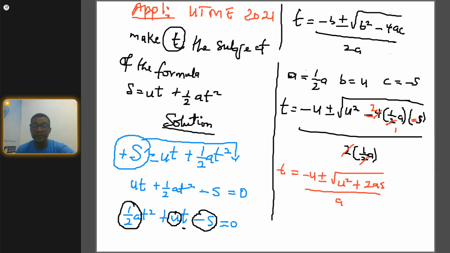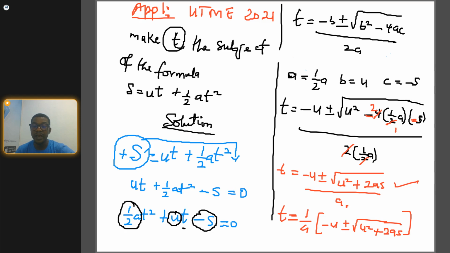The final answer is t equals minus u plus or minus the square root of u squared plus 2ax, all over a. But you can go further and bring out this a. You can say 1 over a, because a here is a denominator. Then in brackets, minus u plus or minus the square root of u squared plus 2ax. Then you close your bracket.